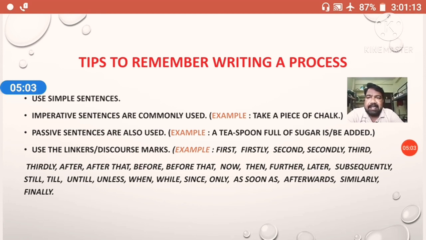Second, secondly. Third, thirdly. After that. Before that. Now, then, further, later, subsequently, still, till, until, unless, when, while, since, only, as soon as possible, afterwards, similarly, finally. Such words can be used while you are presenting your describing process.